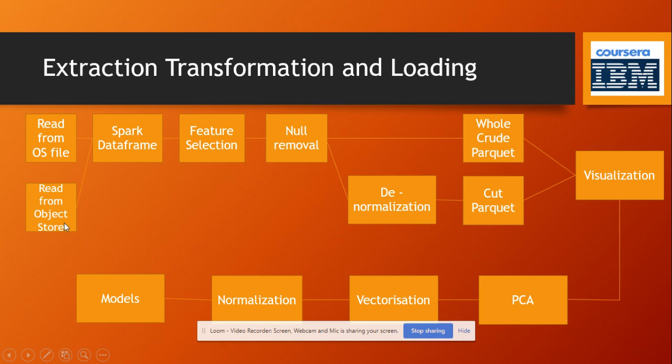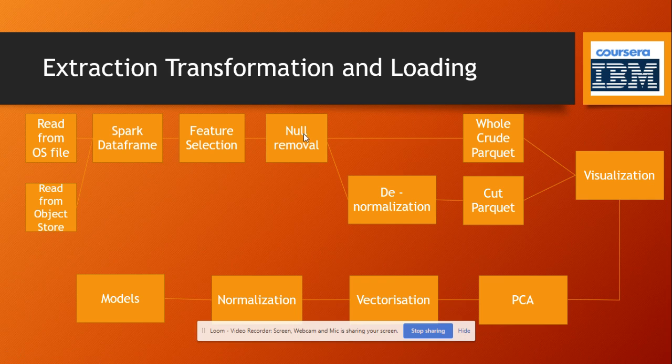I had to directly upload it to the object store, and the remaining small files I directly put in the Linux environment. I read both of these into a Spark data frame, and from there I made some feature selection, and there was a lengthy process of null removal, which I will show you in the notebook.